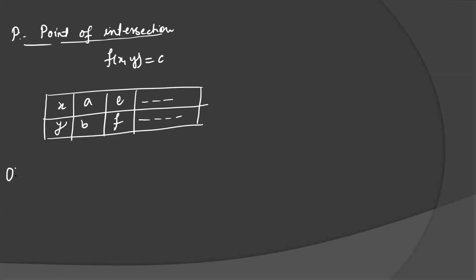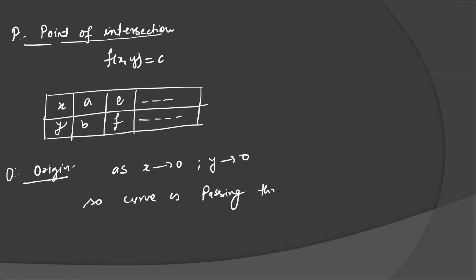Second is origin. We check: as x tends to 0, if y tends to 0, then the curve is passing through origin.